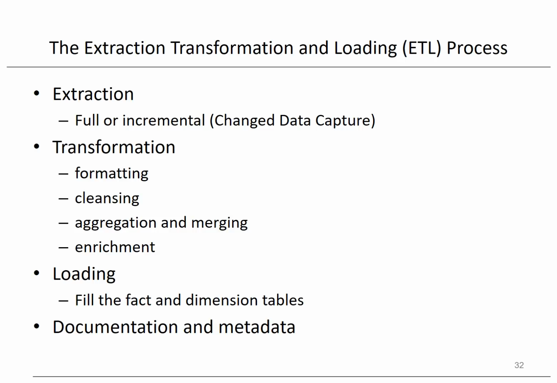During the loading step, the data warehouse is populated by filling the fact and dimension tables, hereby also generating the necessary surrogate keys to link it all up. Dimension rows should be inserted or updated before the fact rows can refer to them.